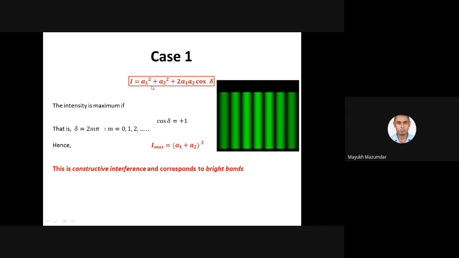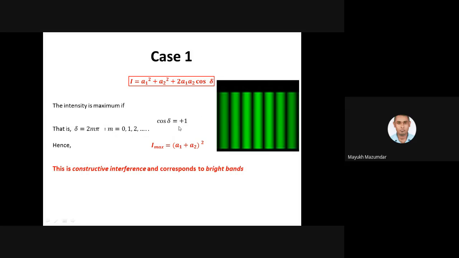So see, this equation can have a maximum value when cos of this term is 1. If this term is 1, what will we get? A1 square plus A2 square plus 2A1A2. What is this formula? A plus B whole square, isn't it? Are you getting it?